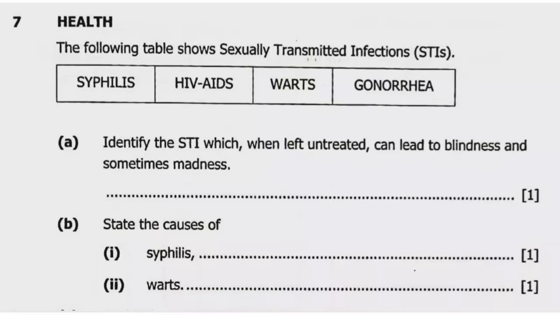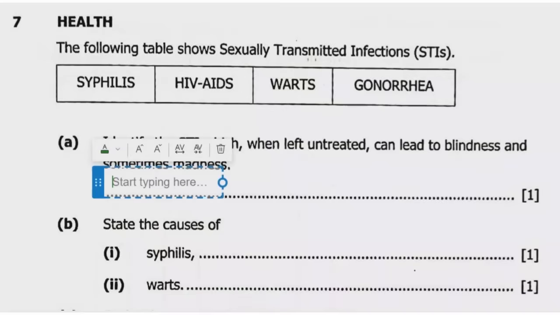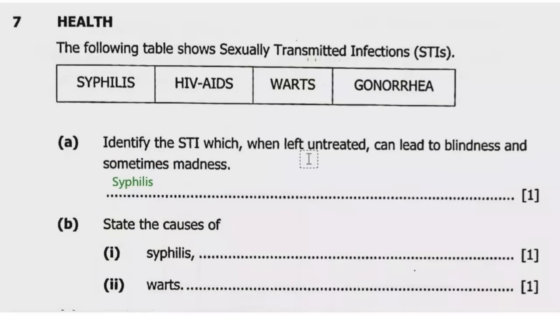So the correct answer is syphilis. Syphilis may lead you to madness if left untreated. So if you have got syphilis, make sure you get treated, otherwise you may become blind or mad.